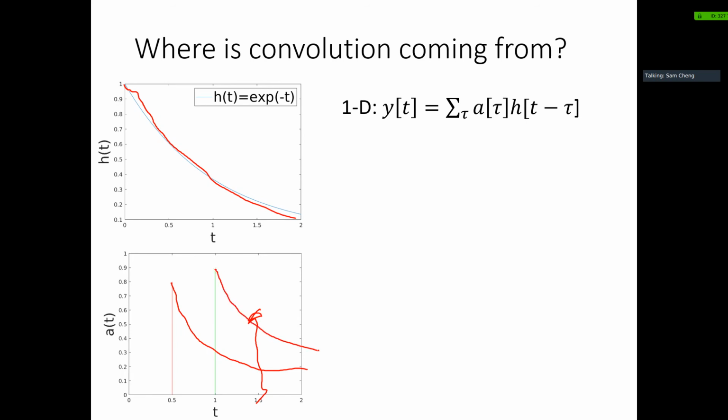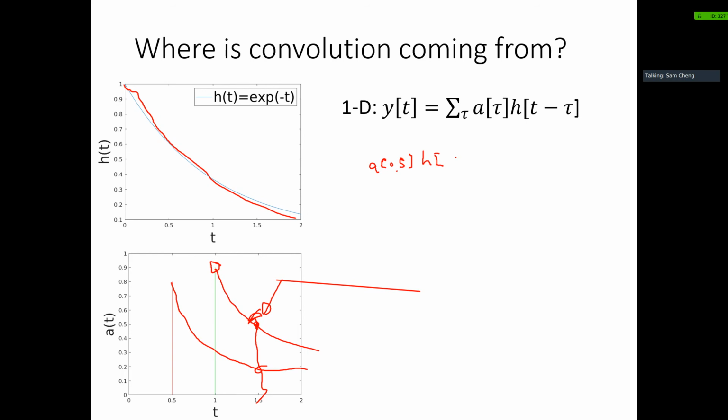So basically my signal at this point will be equal to the signal due to hitting a drum at time equal to 1 plus hitting a drum at time equal to 0.5. So this will be equal to what? Equal to a0.5 times h.